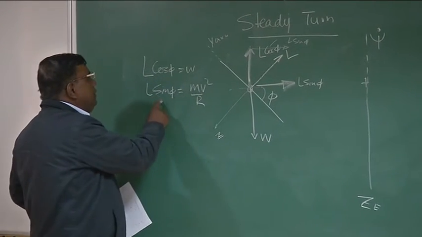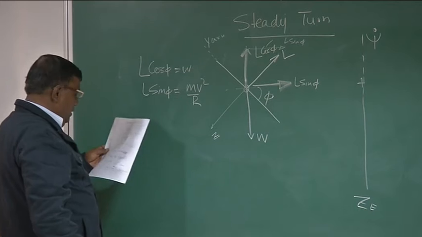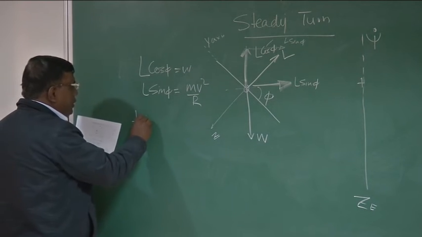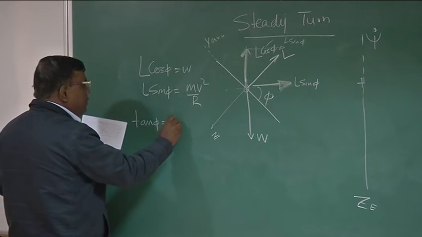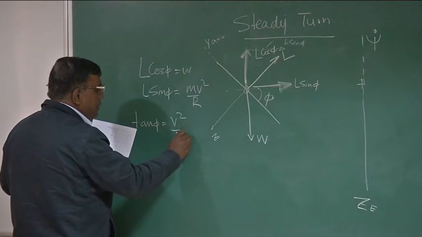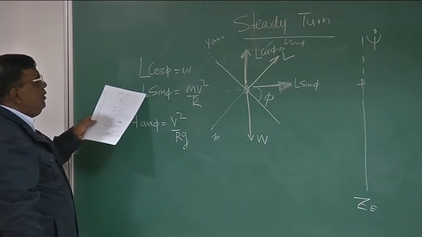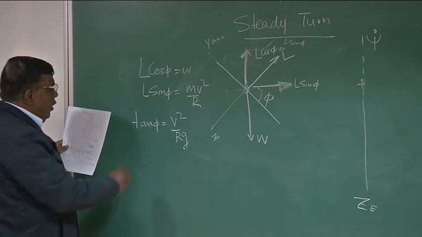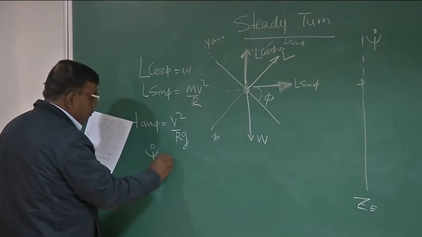So this is equal to mV square upon R. So I can write tan phi equal to V square upon Rg. This is straightforward, dividing this by this. And we also know psi dot equal to V by R.